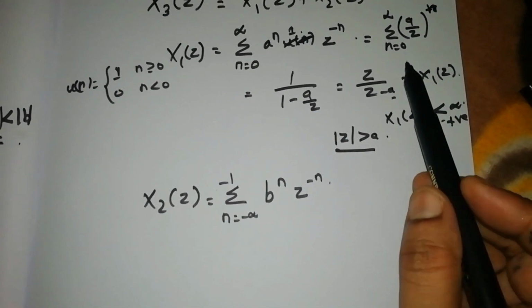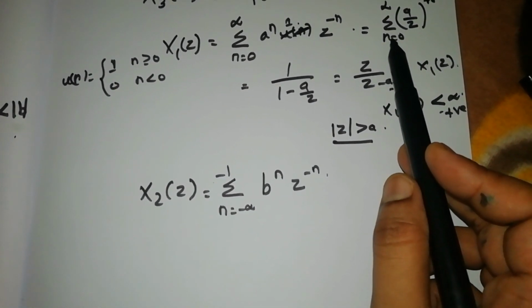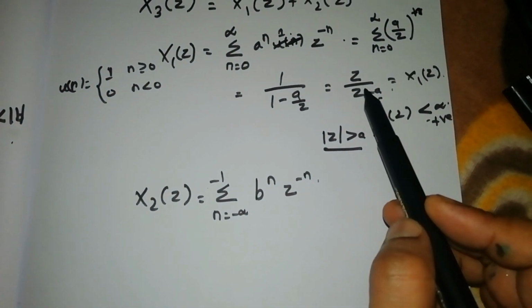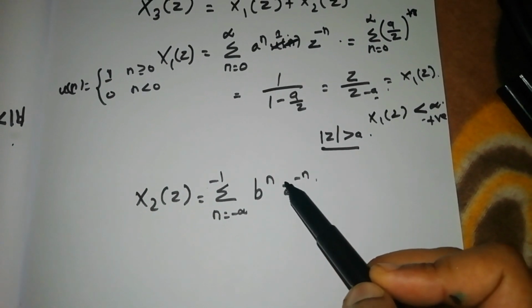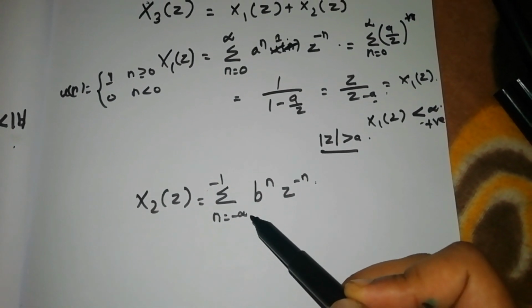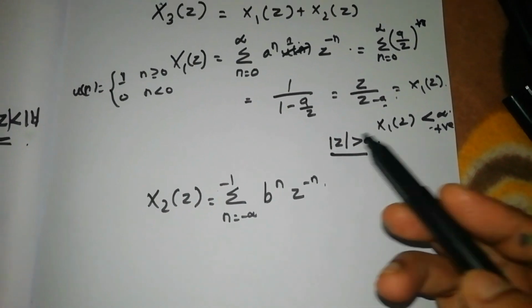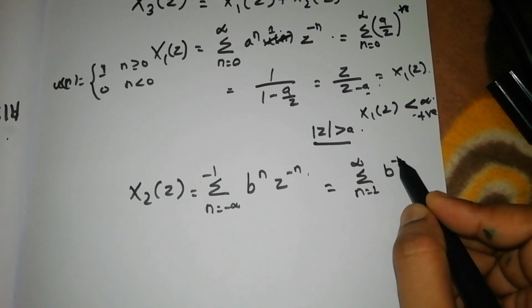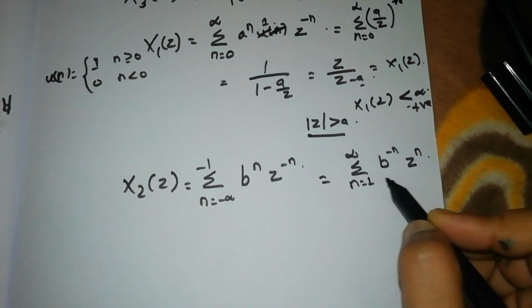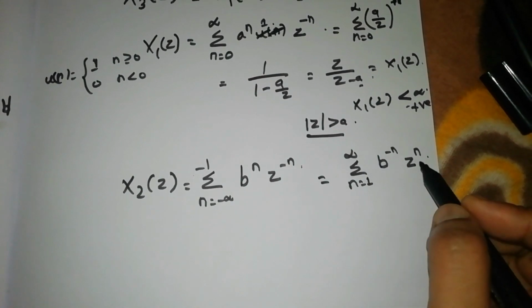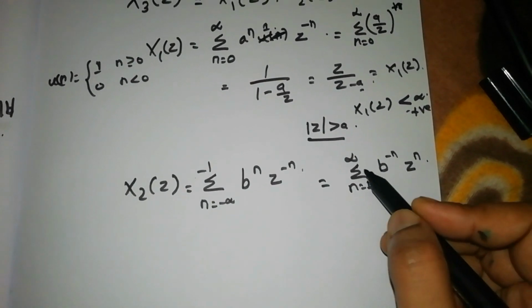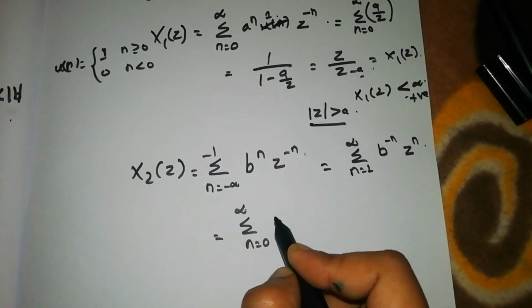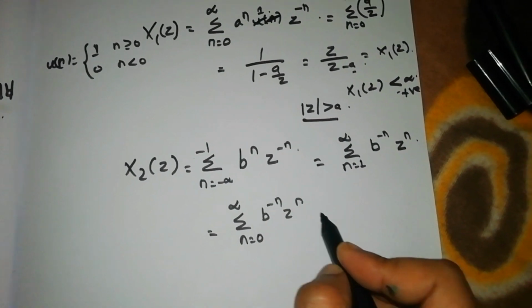This can be rewritten as summation of n is equal to 1 to infinity b power minus n z power n. Also we cannot find this directly, we have to change the limits to 0 to infinity. For that we can rewrite this equation as summation 0 to infinity b power minus n z power n minus 1.